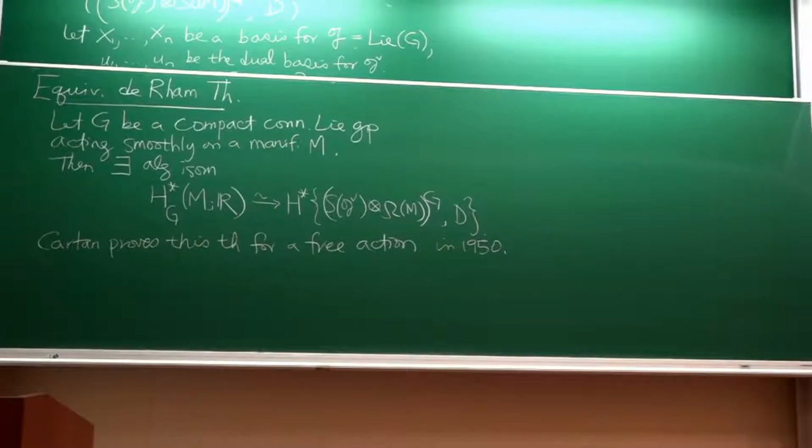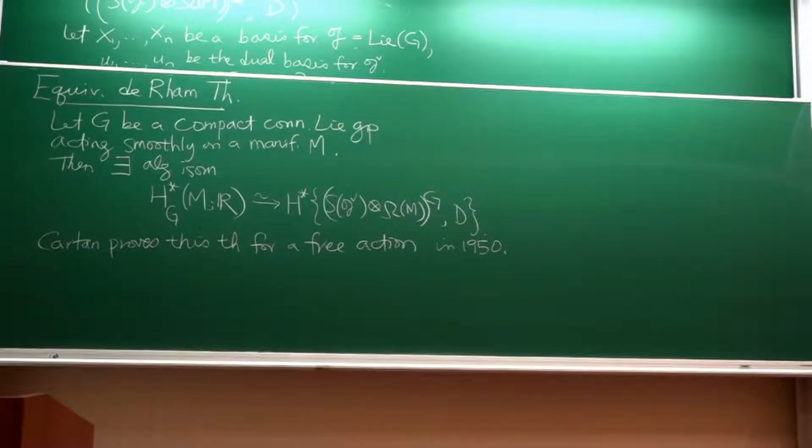So I never got an answer from them, but I think their proof was not correct in the book called Supersymmetry and Equivariant de Rham Theory. So then there are some others.